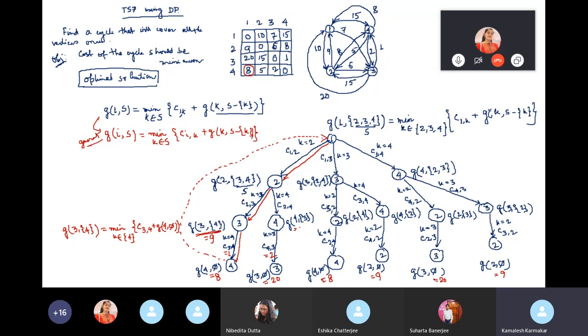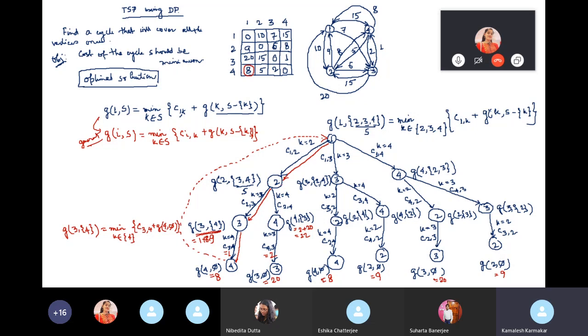This value equals 2 plus 20, so it's 22. And here this value is 9, which is 1 plus 8 equals 9. Now this value is 2 plus 20 equals 22.